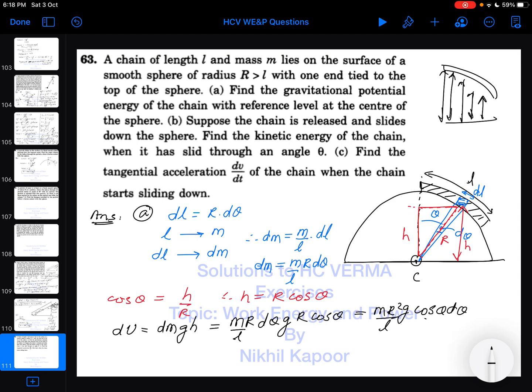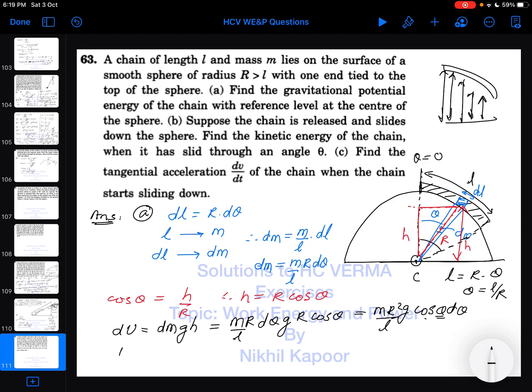Now we want to find the potential energy of the complete chain. Here theta is the variable. Now you can see the diagram. The chain subtends an angle which varies from 0 degrees to, say, here theta. So what is this complete angle? Again, by using arc length equal to radius into theta, the complete angle subtended by the chain is L by r.